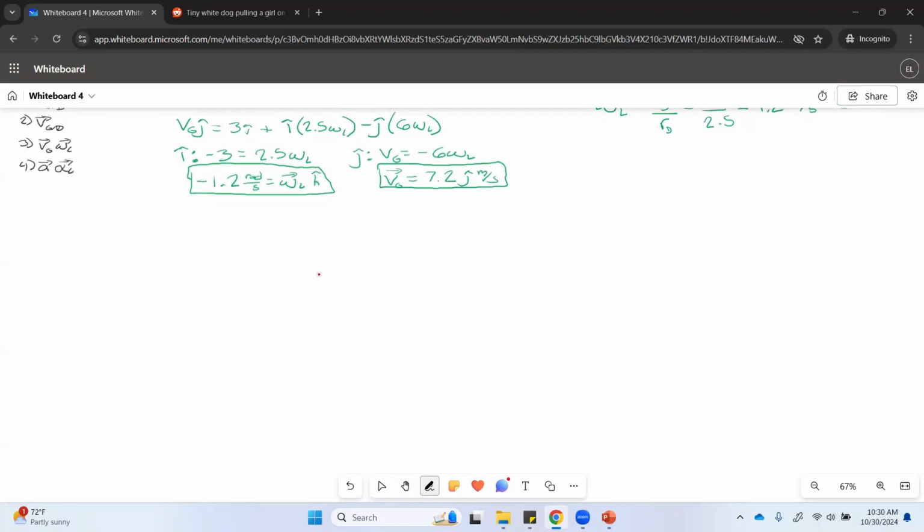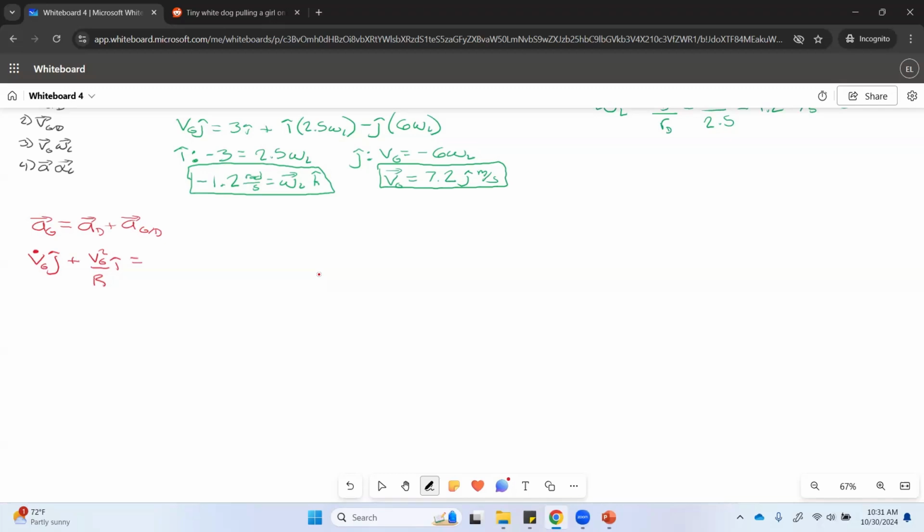Okay, so we know acceleration of the girl is, if we put in the general planar motion formula, acceleration of D plus acceleration of G with respect to D. Now using the polar coordinates, we know acceleration of G is going to have VG dot, in the J direction for that a theta, plus VG squared over r in the I direction for that UR component.